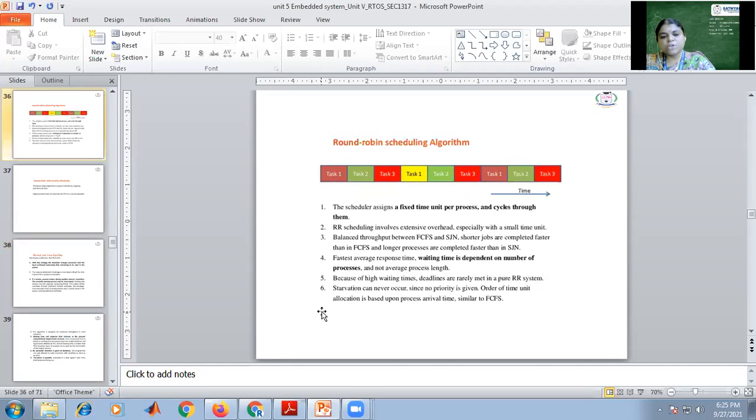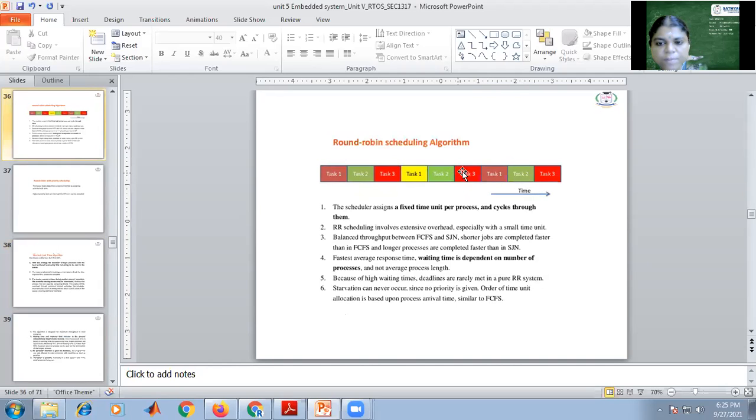Second is round robin scheduling. What will be done is the scheduler will assign a fixed time unit per process and cycle through them. So you can see task 3 happens after 2 tasks, task 2, task 1. This green color is task 2.